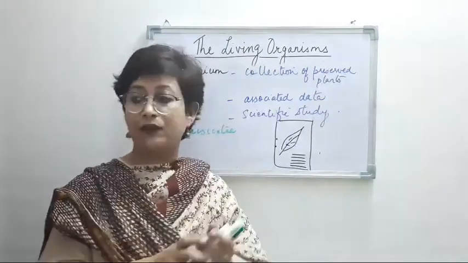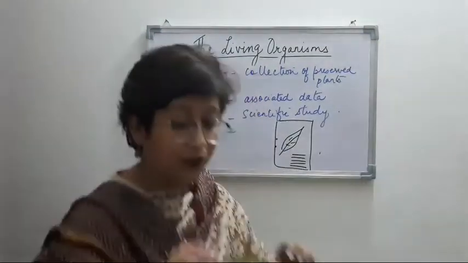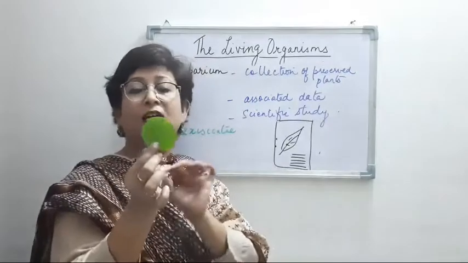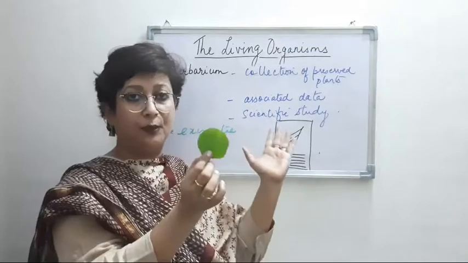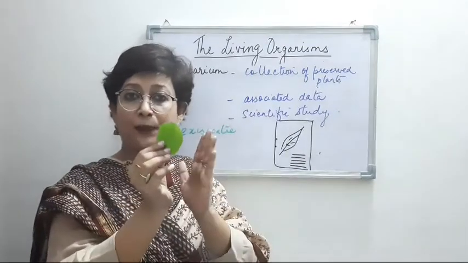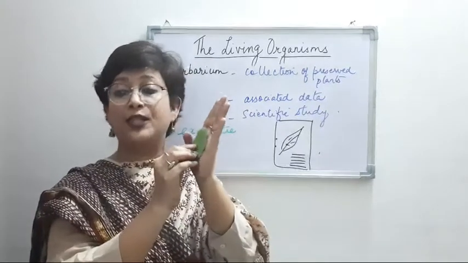How the parts of the plants are preserved is that the part of the plant, for example, if I take this leaf as an example, now this leaf is the part of the plant that has to be preserved for the herbarium, right? So now what is done? There are two thin sheets of paper that are taken, known as flimsies, right?